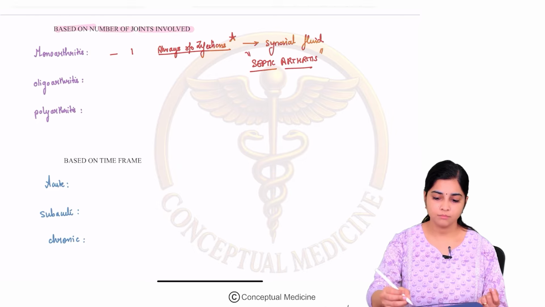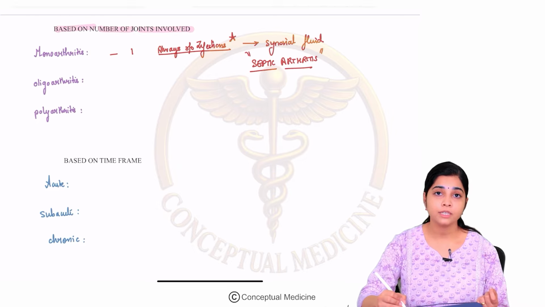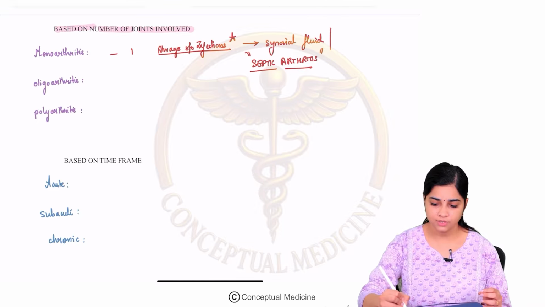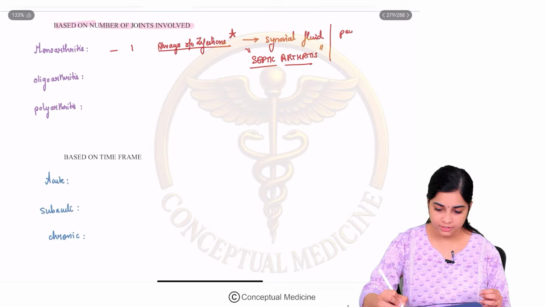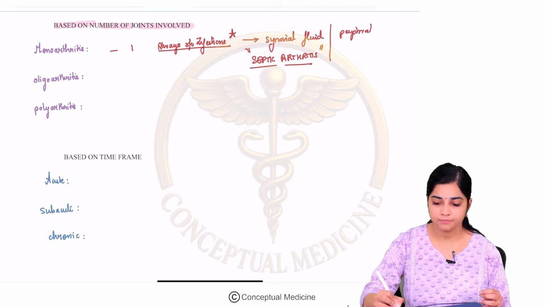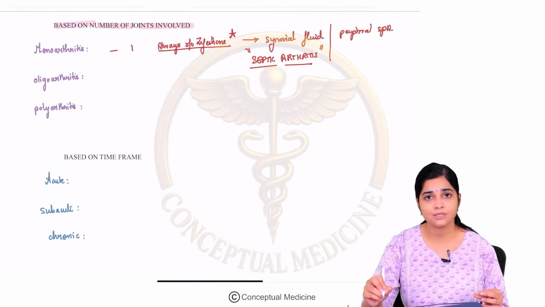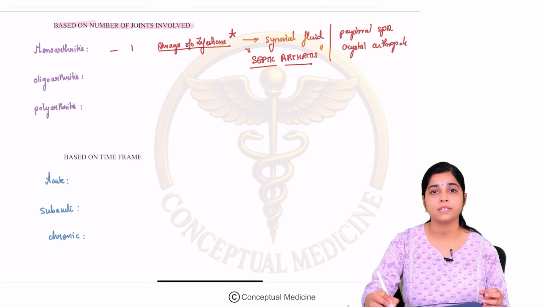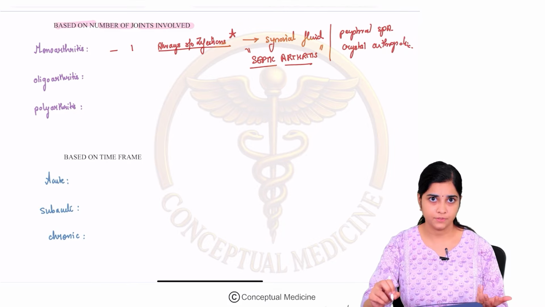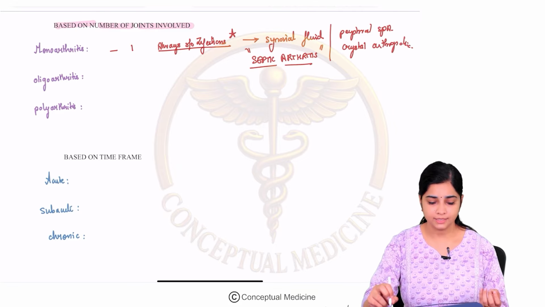So this is monoarthritis. When you think of inflammatory causes for monoarthritis, you can think of peripheral spondyloarthropathies like your reactive arthritis or your IBD associated arthritis. Then you also have to think of crystal arthropathies which can present with monoarthritis, like hyperuricemia, gout or your CPPD related diseases.